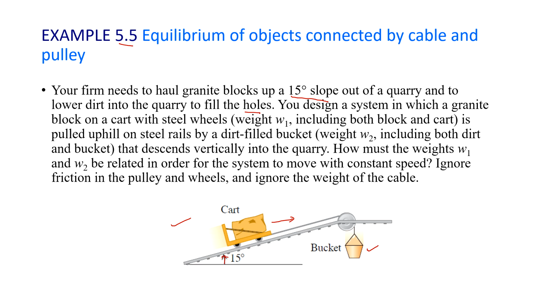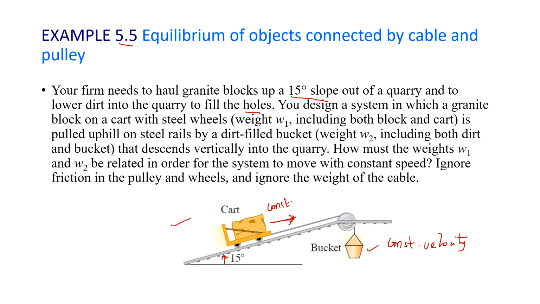So you build this setup and now the bucket is slowly moving downwards at constant velocity without accelerating, and when the bucket moves downwards, the cart slowly climbs this hill at constant velocity. Since both of them are moving at constant velocity, this is an example of Newton's first law.